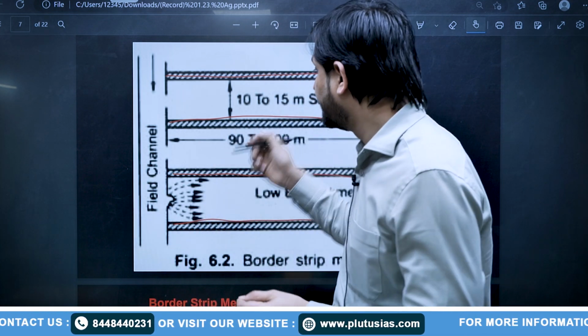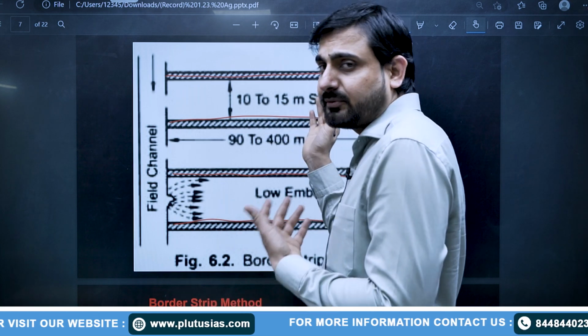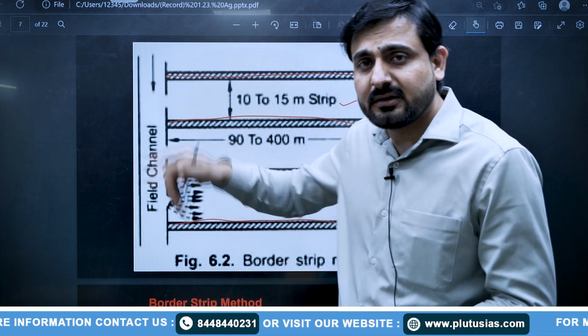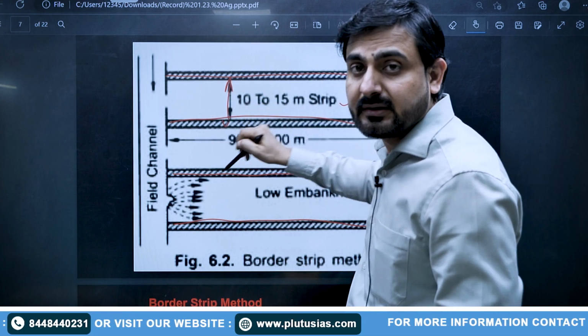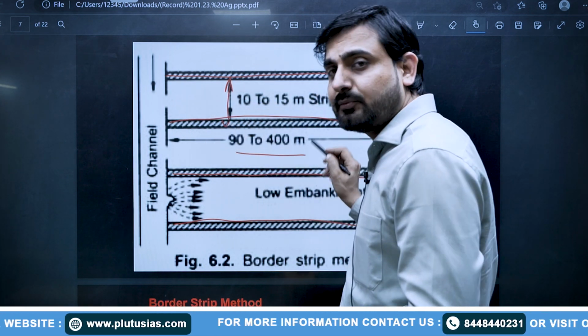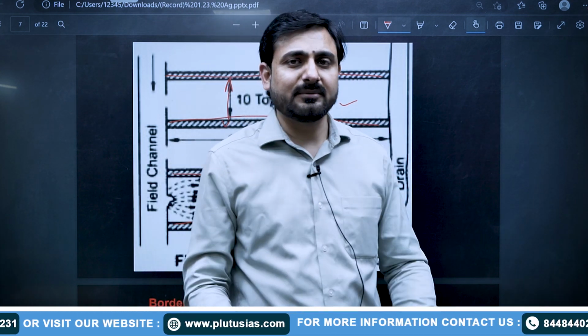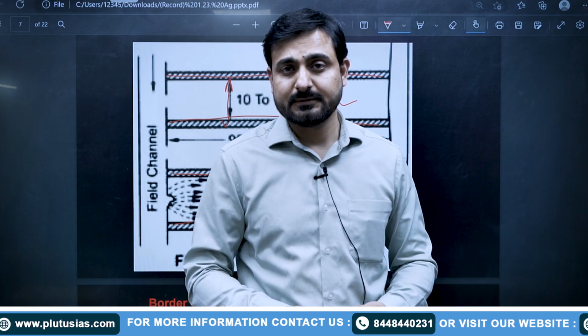The width of the strips might be 5 to 10 or 15 meters. The length is likely to be around 90 to 400 meters, or maybe 70 to 300 meters, varying from region to region and from one farmer to another.